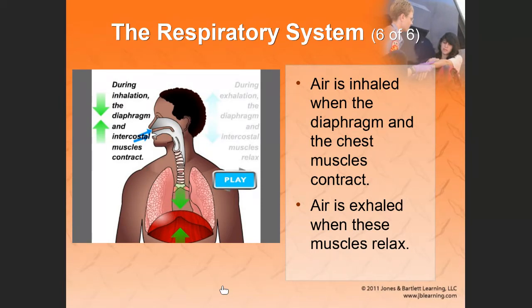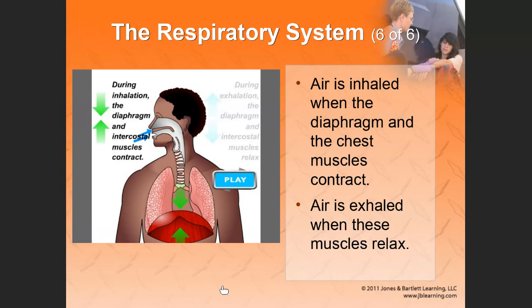So the size of the chest decreases and the pressure inside of the chest increases, and that pushes air out of the lungs. So that is positive pressure. So what is key for you to remember is when a patient breathes in, it's negative pressure. That's the normal physiology of breathing. When a patient breathes out, it is positive pressure.